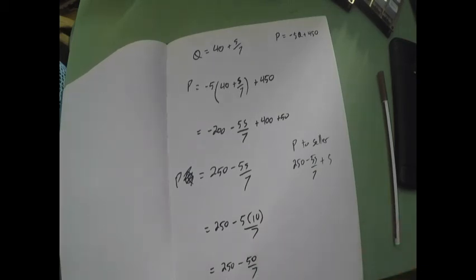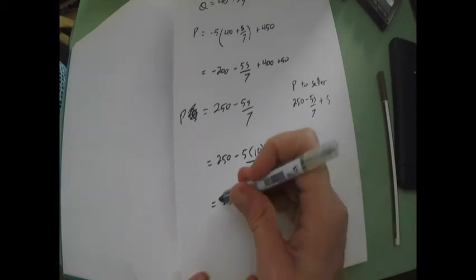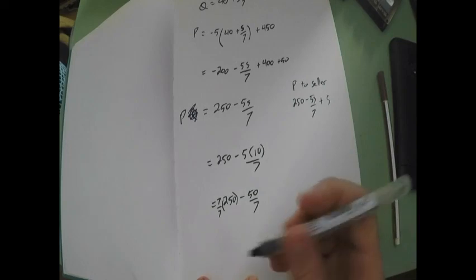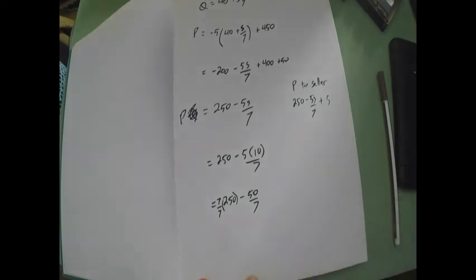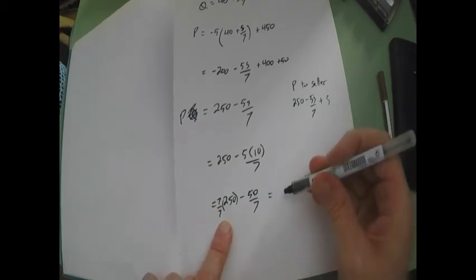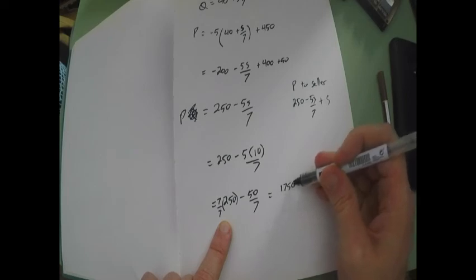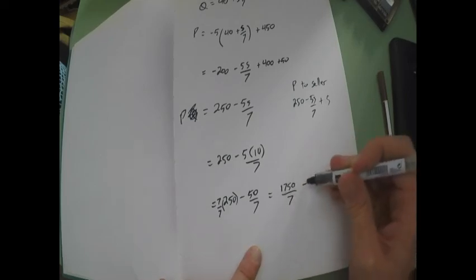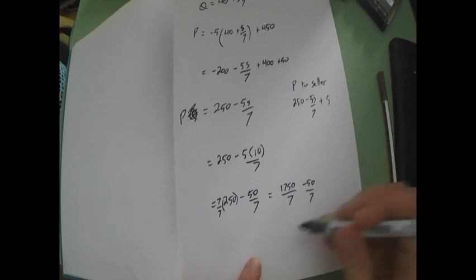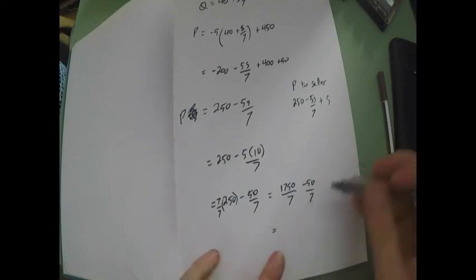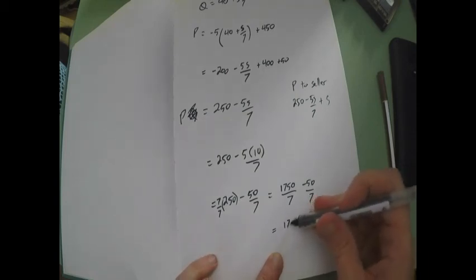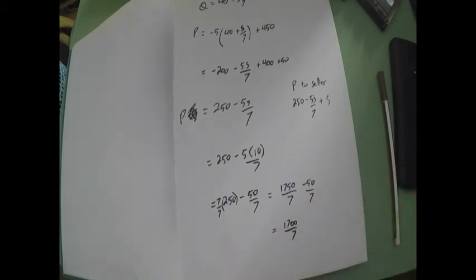And to get rid of this 7, I'm going to multiply this by 1, right? 7 over 7. So let's see, 8 times 250 would be 2,000. So this is going to be 2,000 minus 250, which is going to be 1750 over 7 minus 50 over 7. Pretty sure I got that right. And then this turns into 1700 over 7.